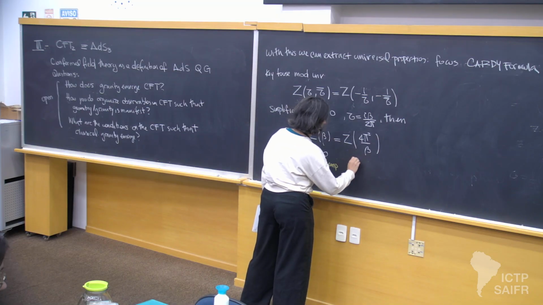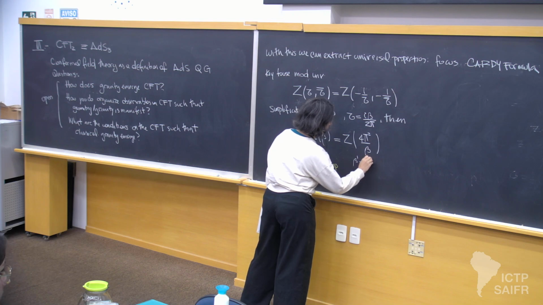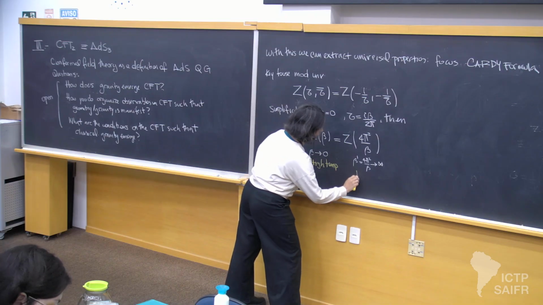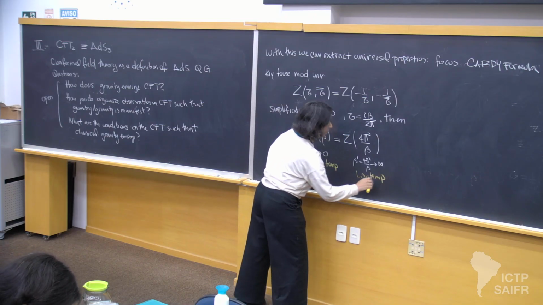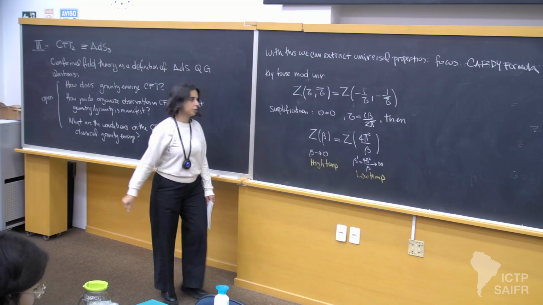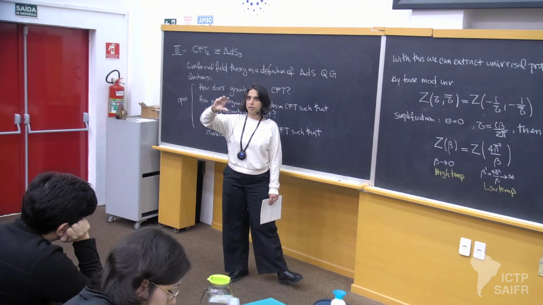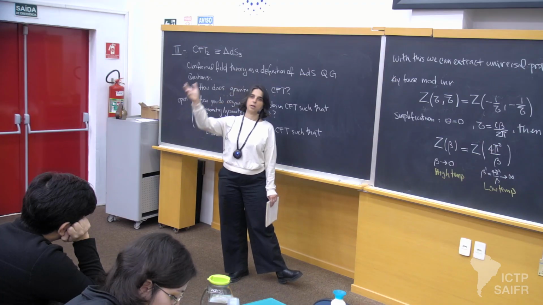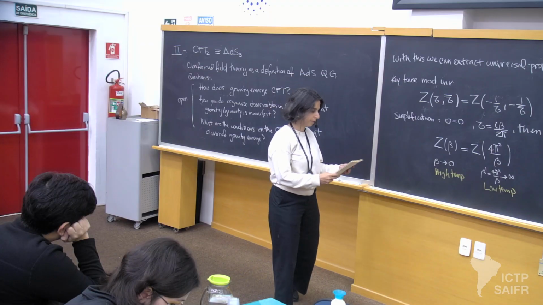Here beta prime, which is 4 pi squared over beta, is going to infinity, which is low temperatures. So something very special about 2D CFTs is that there's always a tie between what's happening at low temperatures and what's happening at high temperatures, as a consequence of modular invariance.